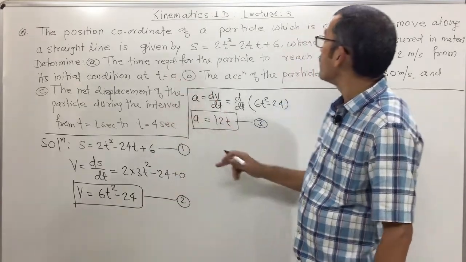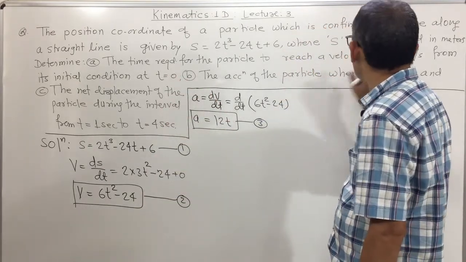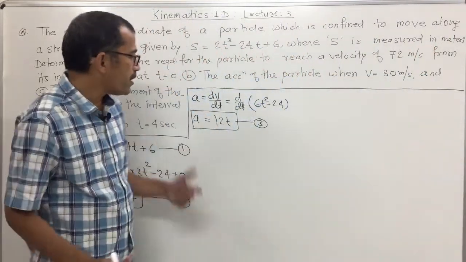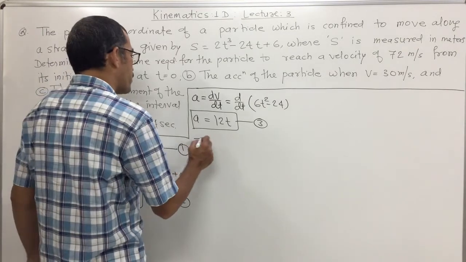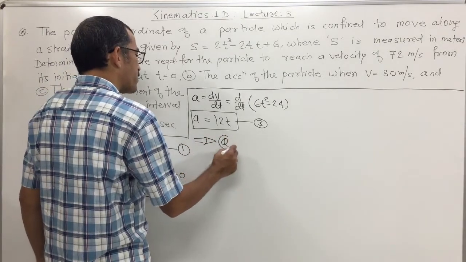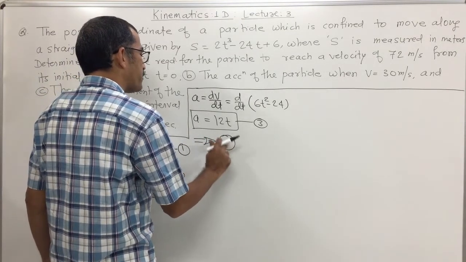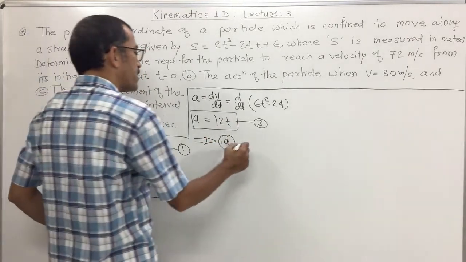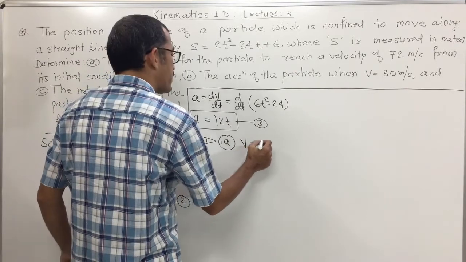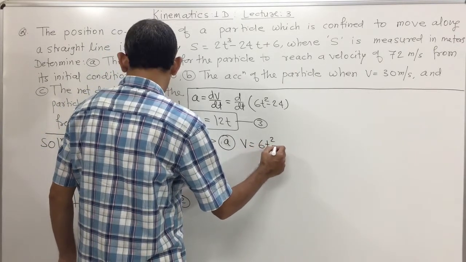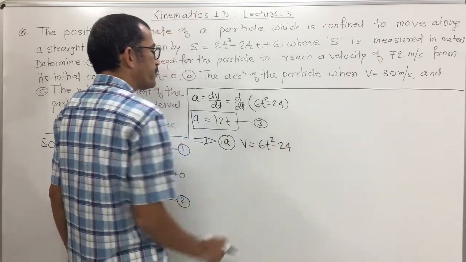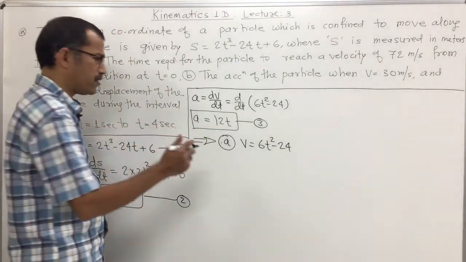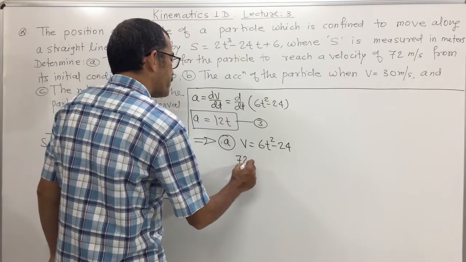At what time will the velocity be 72? Velocity is given as 6t² − 24. You have to find this time t when v is 72. Simple.